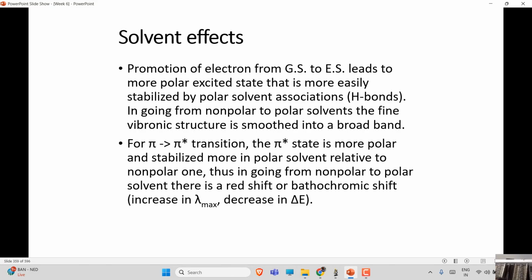So, in going from non-polar to polar solvents, the fine vibronic structure is smoothed into a broad band. For pi to pi star transition, the pi star state is more polar and stabilized more in polar solvent relative to the non-polar one. Thus, in going from non-polar to polar solvent, there is a red shift or bathochromic shift.